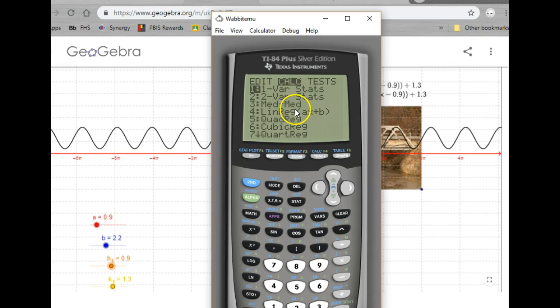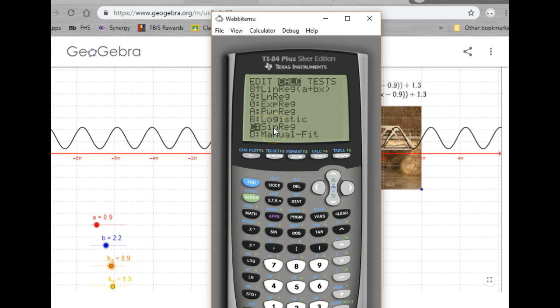What these do right here: this would fit a line to your data. This would fit a parabola to your data. This would fit a cubic equation, x cubed, to your data. Let's see if there's a sine and cosine. Is there a sine? Yep.